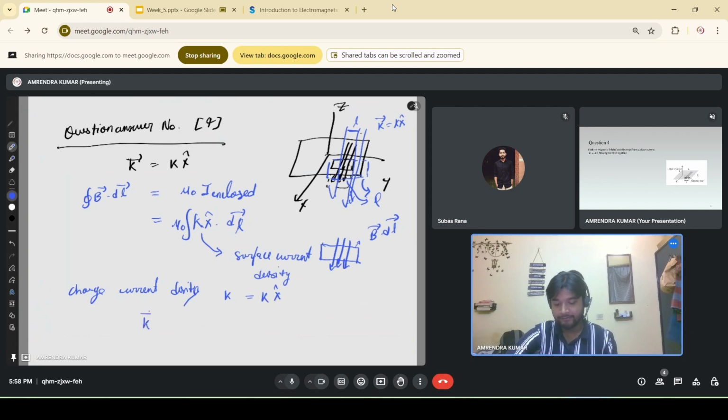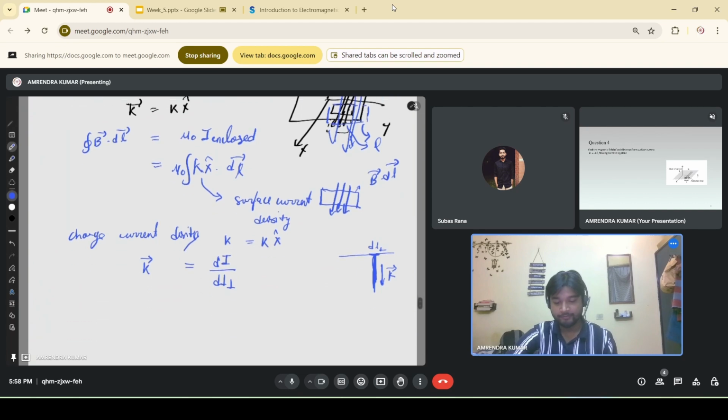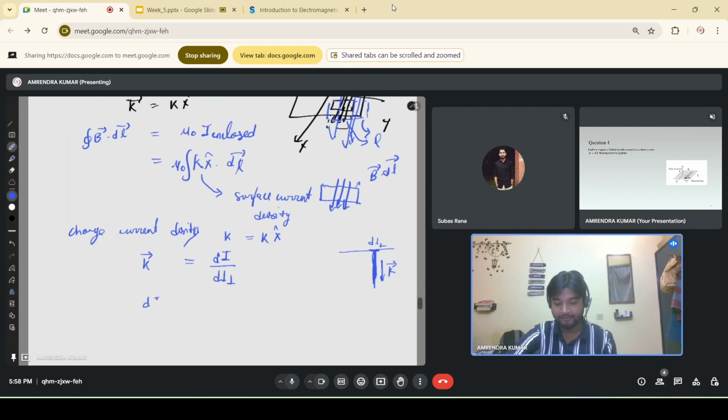and it is defined in such a way that if you have a dl element here, this one is the dl element, and this is the current direction. So this is the dl perpendicular, this is the current flow direction. The surface current density is defined as dI over dl perpendicular. So here we can see that the dI will be nothing but K into mod of dl.